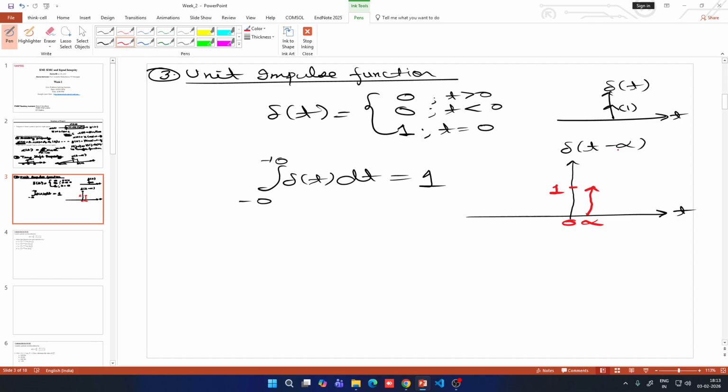Now it has been shifted by alpha, so the integral will be written from minus alpha to alpha plus, just the left-hand side and right-hand side of alpha, of delta of t minus alpha dt. This amplitude will also be 1, so this integral will be 1.